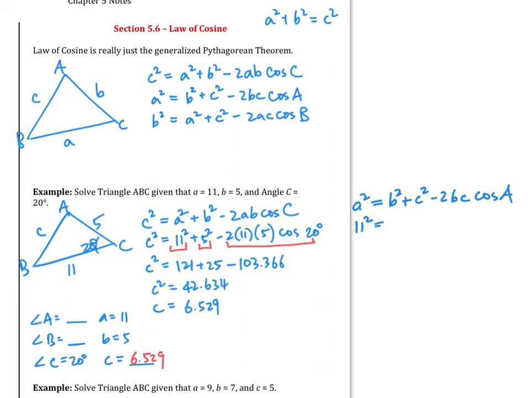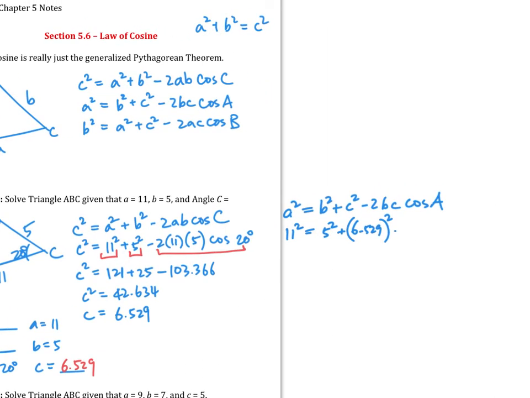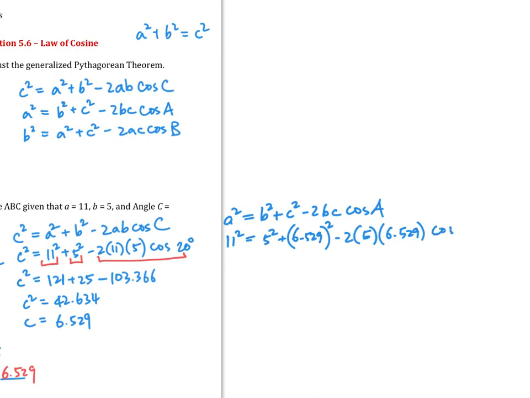Okay, let's plug everything in. 11 squared equals 5 squared plus C is 6.529 squared minus 2BC and then cosine A. Okay, so when you solve this, you're solving for A. Please use the correct order of operation, meaning you need to take 11 squared minus this, and then you're not going to add this part, okay?